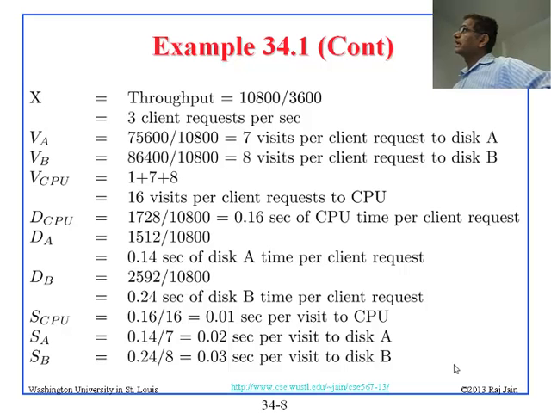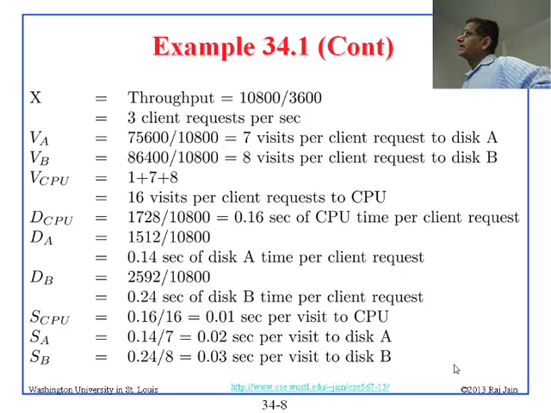System throughput can be easily calculated because 10,800 jobs are served in 3600 seconds, which is 1 hour. Therefore, the system throughput is 3 jobs per second. Visits to disk A: there were 75,000 visits from 10,000 jobs, and therefore the ratio is 7 visits per job.